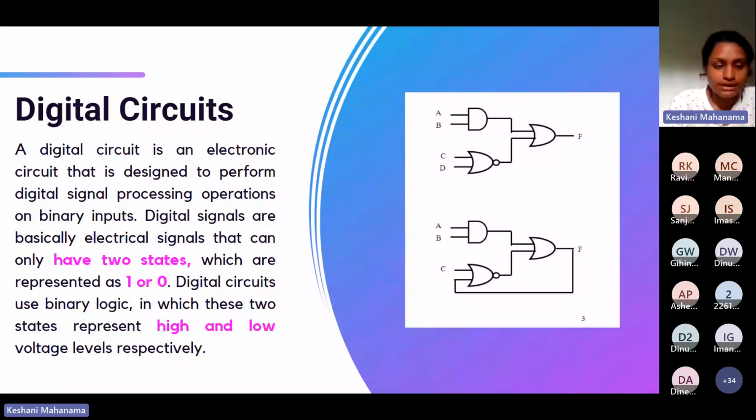Digital circuits are designed to process these digital signals. I will also talk about the uses of digital circuits in my future slides.